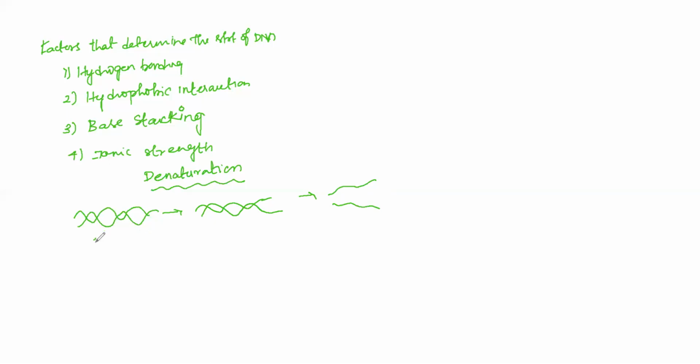So this is the native form and this is the disrupted form, or you can say denatured state. The transition of DNA from native to denatured state is called denaturation.